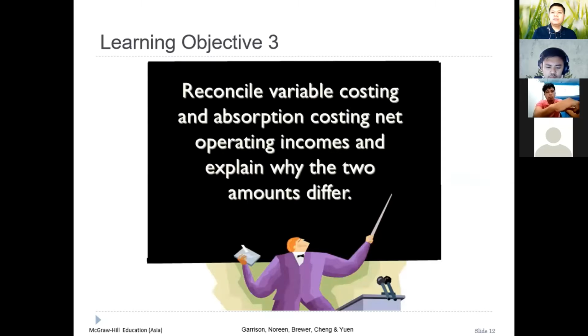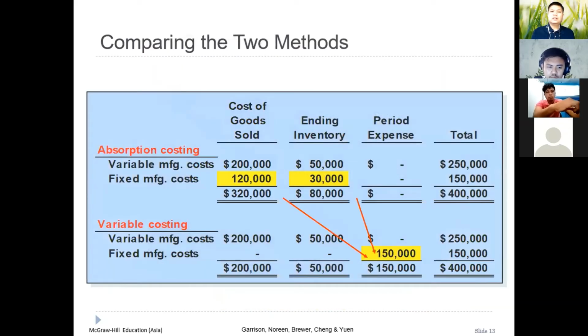So, learning objective number 3, we reconcile. Or you know already how to reconcile. One has 120, another has 90. So the difference is 30. Okay, so here we have the cost of goods sold, the ending inventory, the period expense, and the total.